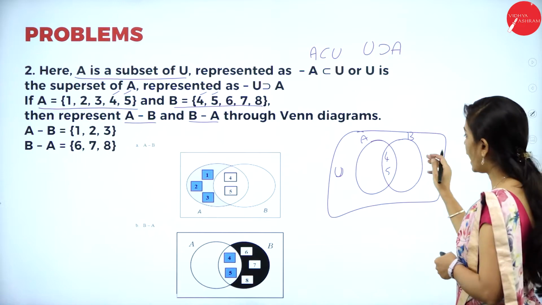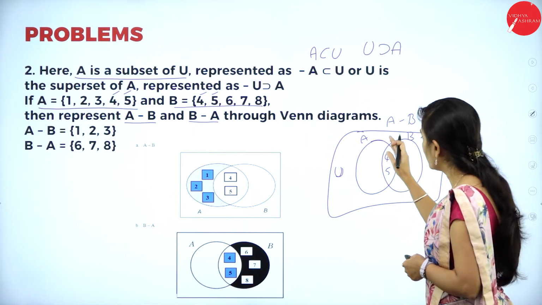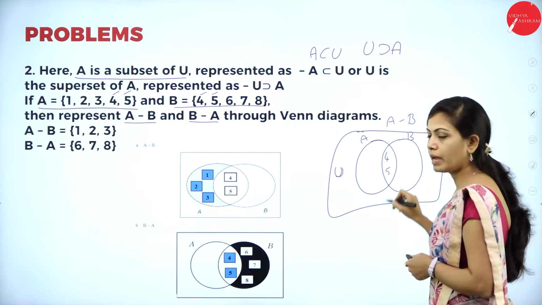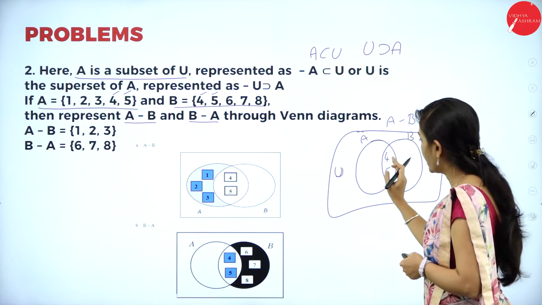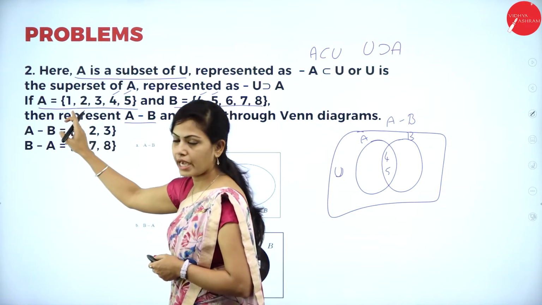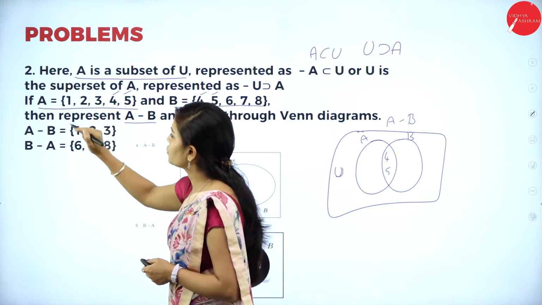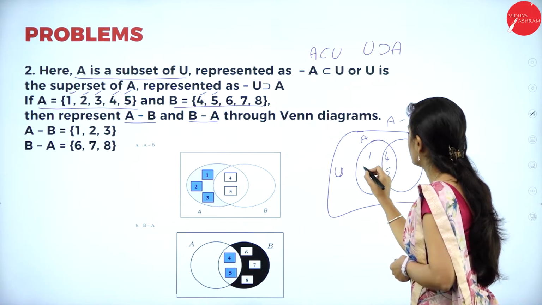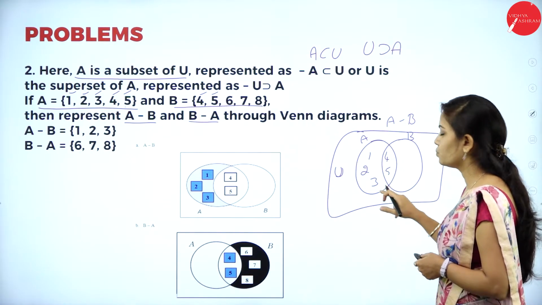If you want to find A difference B, except these common elements, just write the remaining elements of A, that is 1, 2 and 3. So inside the circle of A, I will write 1, 2, 3.